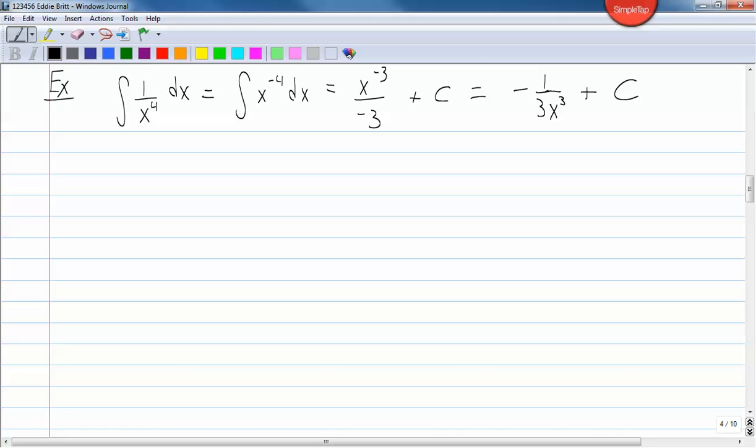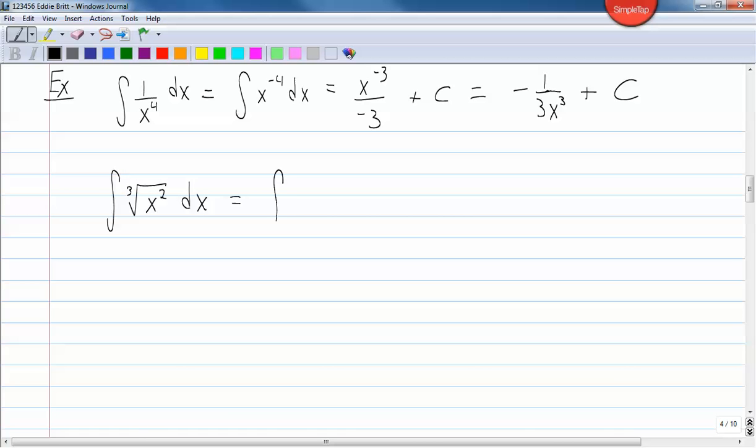Alright. Let's look at another example real quick. Let's say I had the integral of the cube root of x squared dx. First I would want to write this as a rational power.